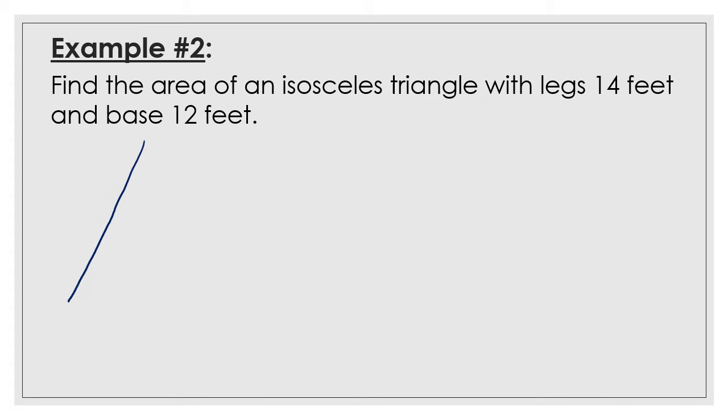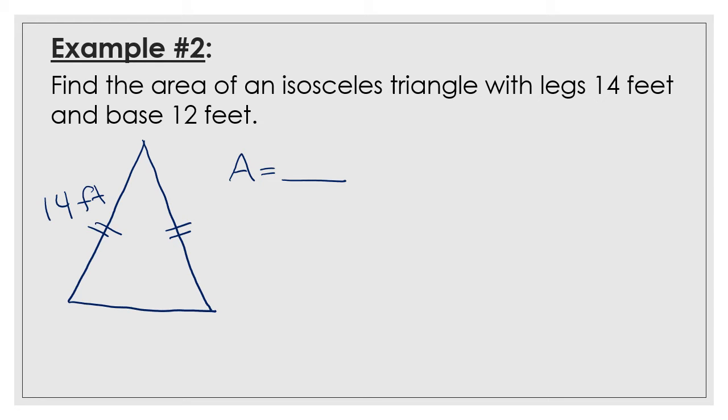We do not have a picture, so we are going to draw the most beautiful isosceles triangle that we can possibly draw. We know that we're going to find the area of this triangle. I know that my legs are both 14 feet long, and I also know that my base is 12 feet long.